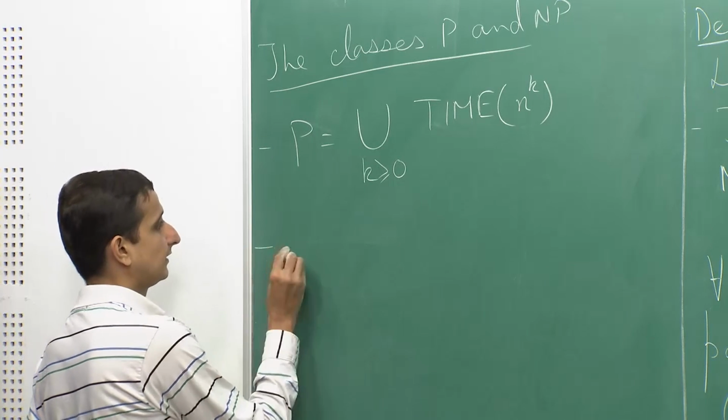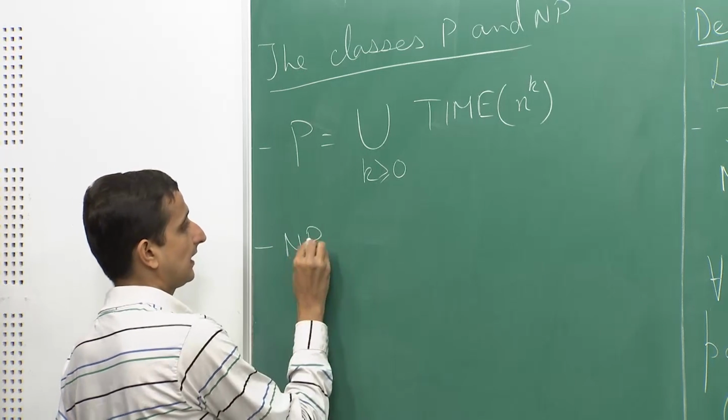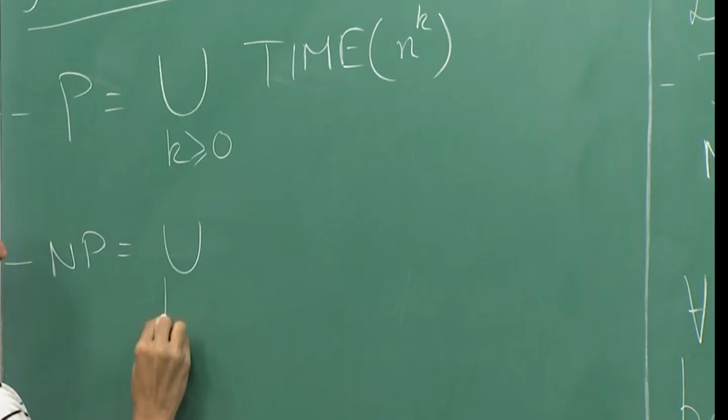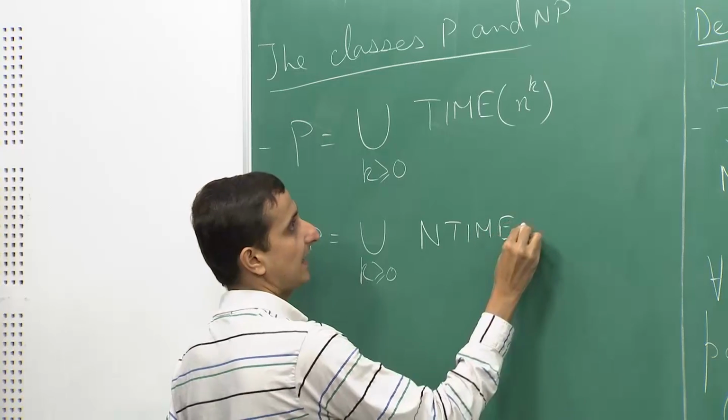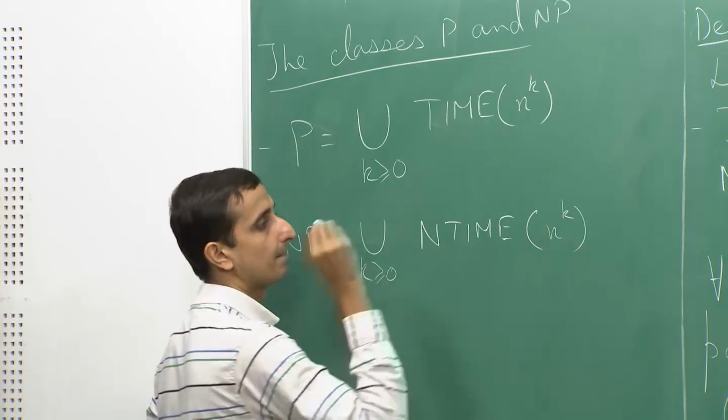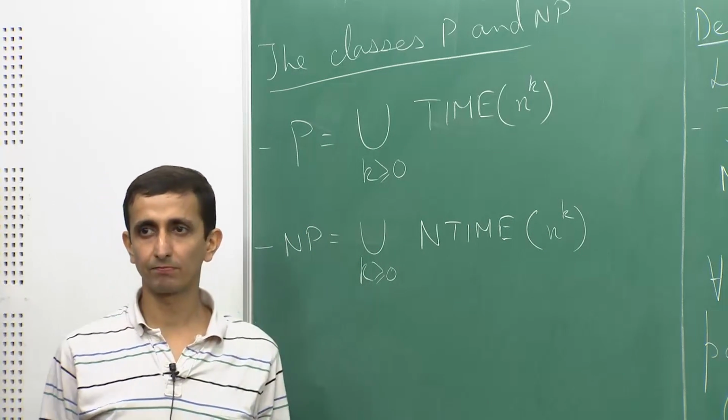So, similarly, the class NP is the union of NTIME of n raised to the power k. Okay.